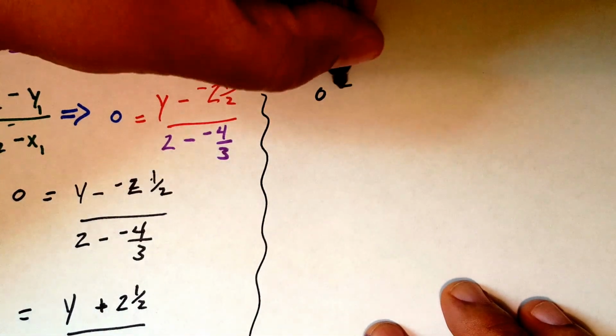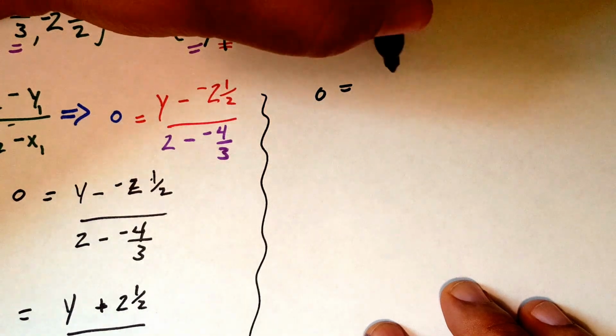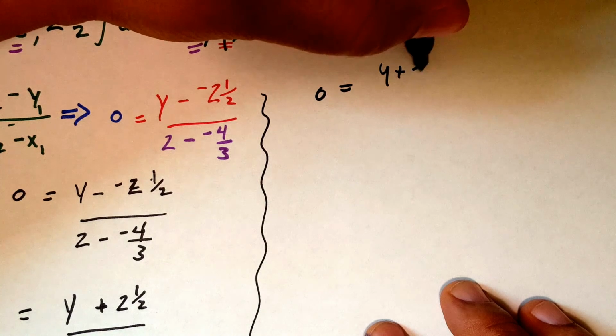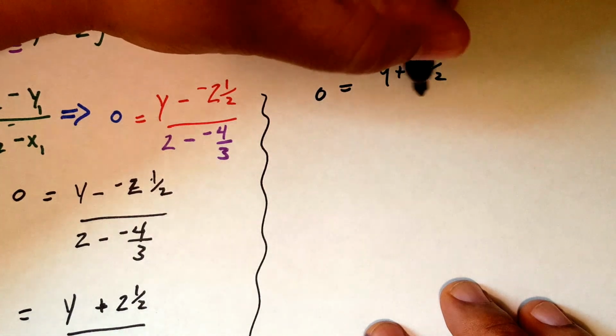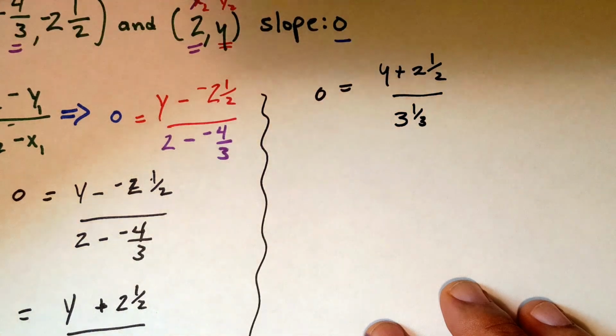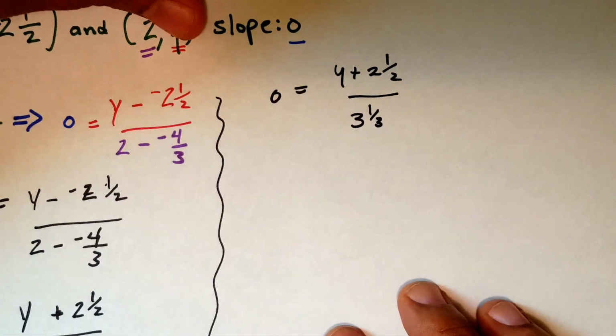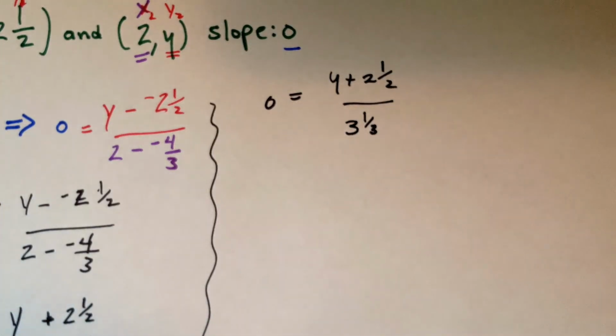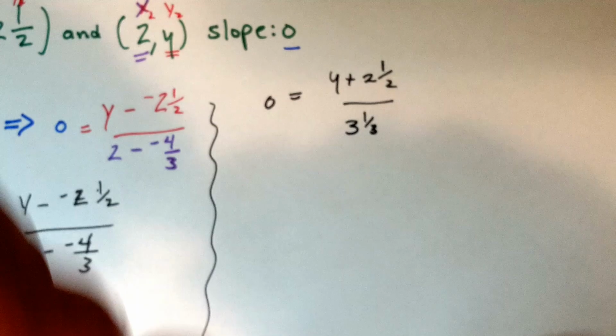So then 0 equals y plus 2.5 over 3 1/3. Now, what we've talked about in class is, if we're scared of fractions, turning them into decimals. That's perfectly okay to do.